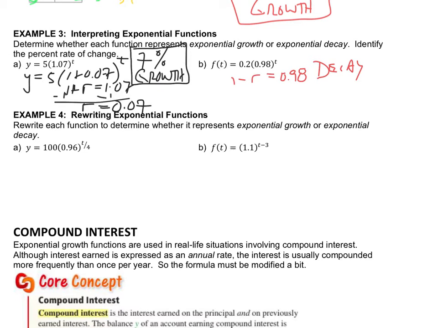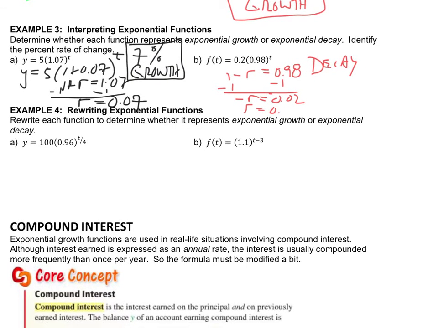If I was to solve for the r, I get r equals 0.02. And remember, rate is my r as a percent. So it's a 2% decay.